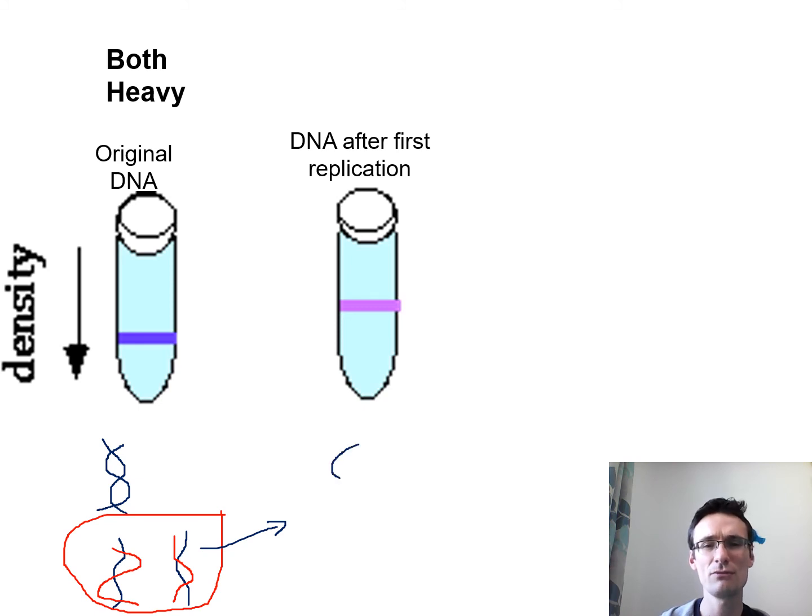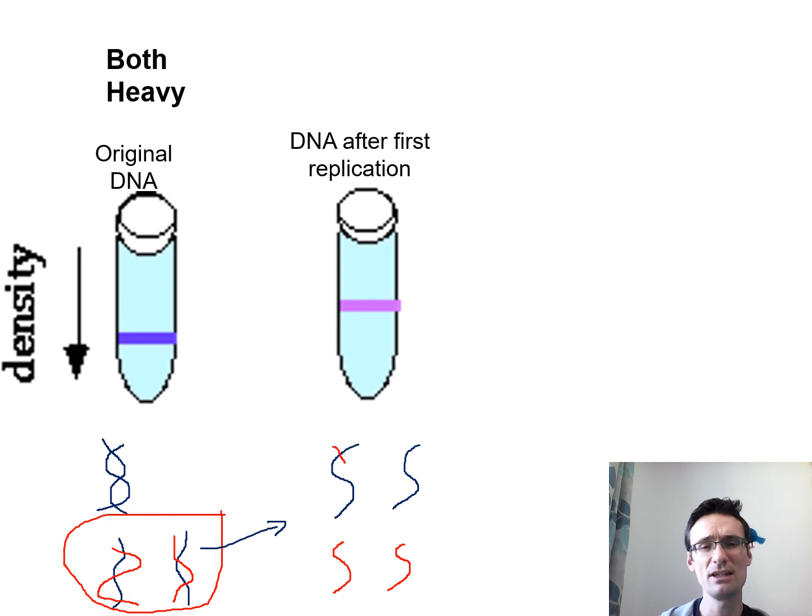So you have the original two strands, which I can't draw very well, but also now you're going to be making two extra strands from the two new bits of DNA. And don't forget the new DNA is also red, it's also N14.